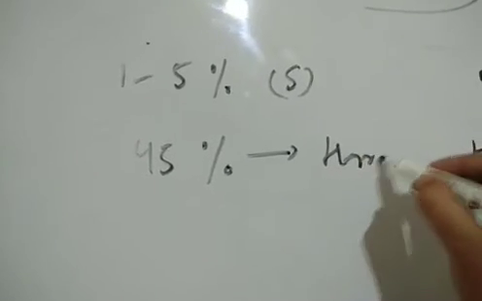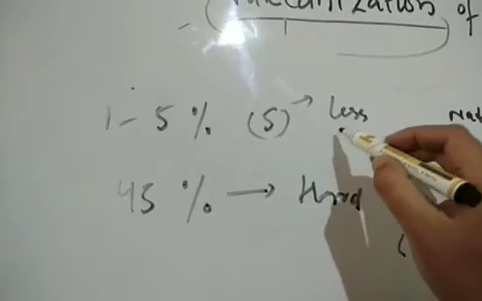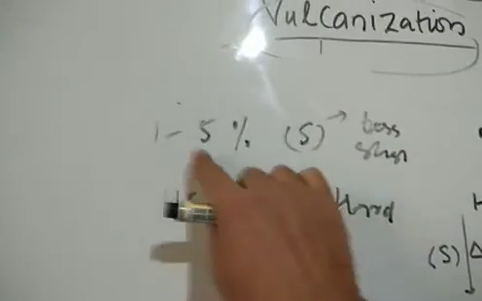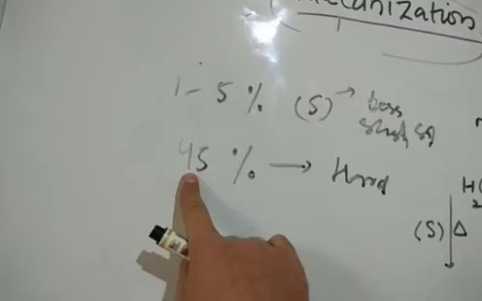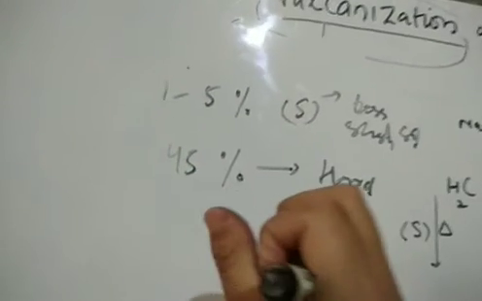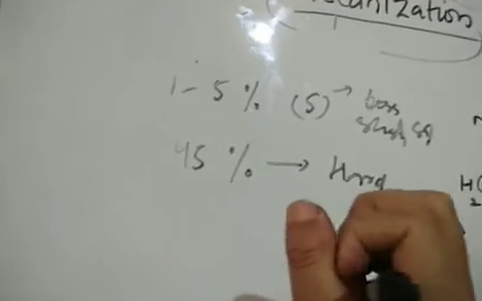With 1 to 5% it is slightly soft, it is less improved. It also becomes hard with 5%, but that is still slightly soft. But with this 45% by weight type of vulcanization it becomes more hard.